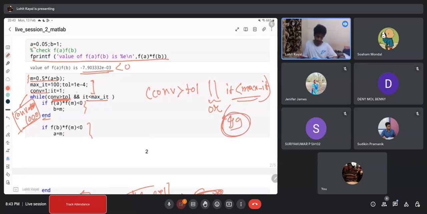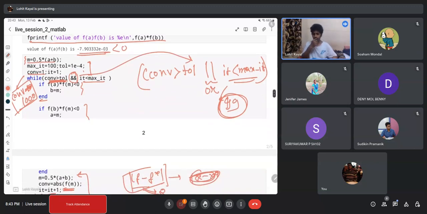This is similar to the idea of set theory, intersection and union. With and, only if both of these are true will it happen. With or, if either of these is true, then the loop will work. We use this and or this symbol according to the problem.